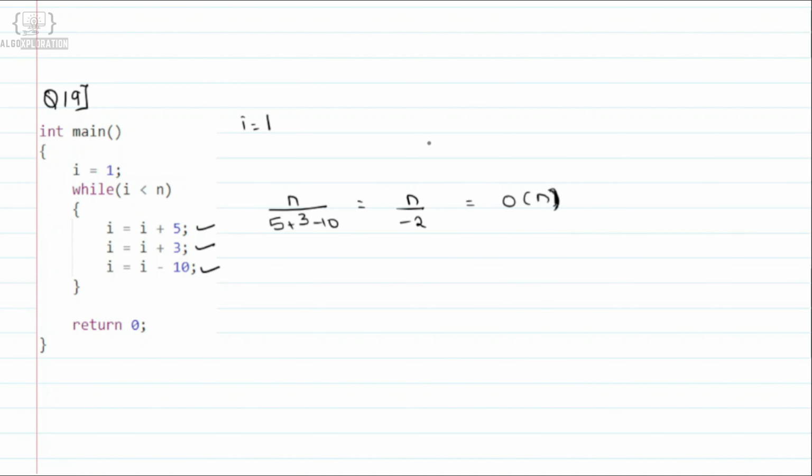So the time complexity would be n, but that is actually wrong, because here we are decreasing the value of I over time. So we can't have this decreasing function. That's why we can't calculate the time complexity when there is a decreasing function. So this is the decreasing function.